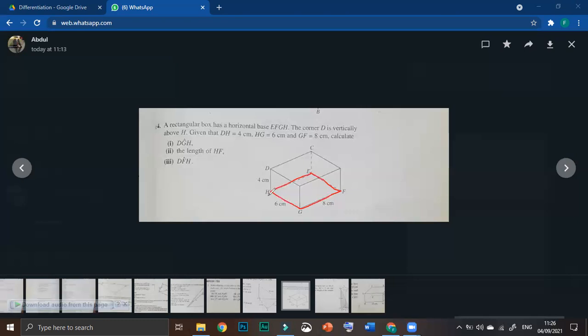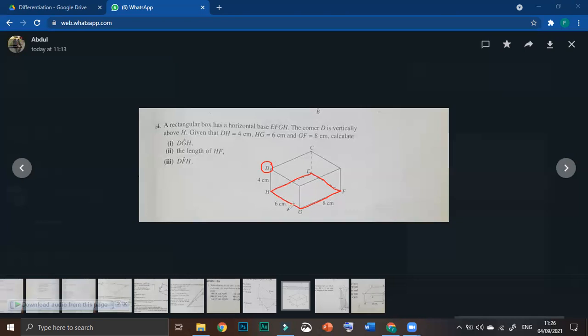The corner D is vertically above H. This one is D, vertically above H, and DH is equal to 4. HG is equal to 6. This length is 6, and GF is equal to 8. These three lengths are given.